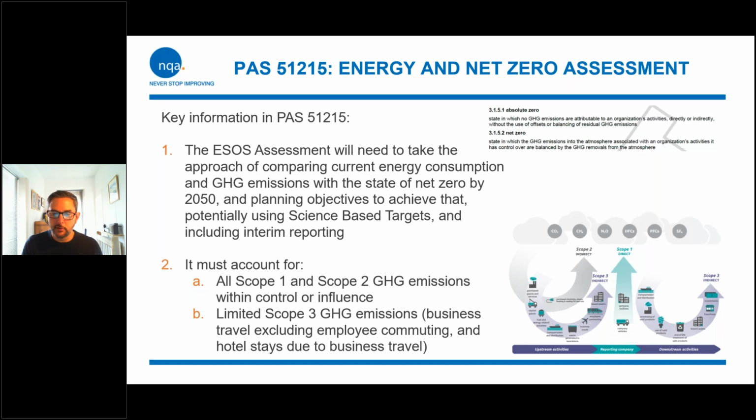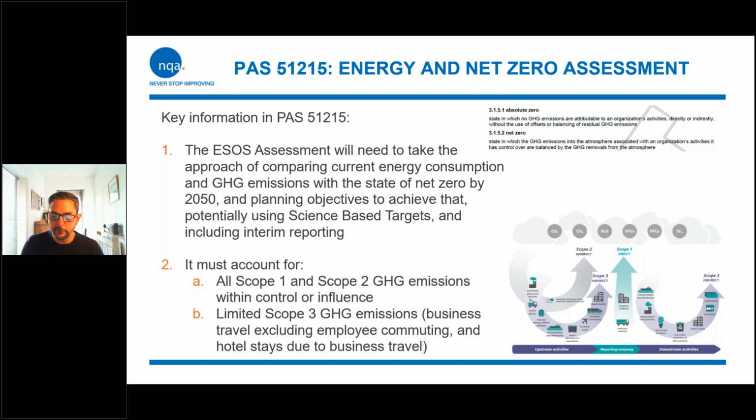ESOS via PAS 51215. I've included there the PAS 51215 definition of net zero, and also the definition of absolute zero as well. So it's worth just dwelling on that for a second. Net zero: the state in which the greenhouse gas emissions into the atmosphere associated with an organisation's activities it has control over are balanced by the greenhouse gas removals from the atmosphere.